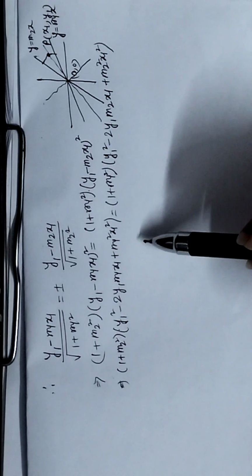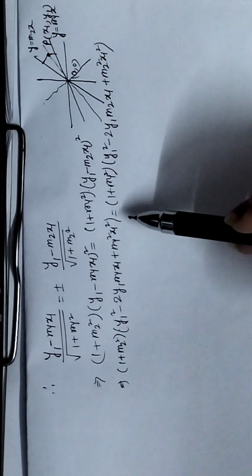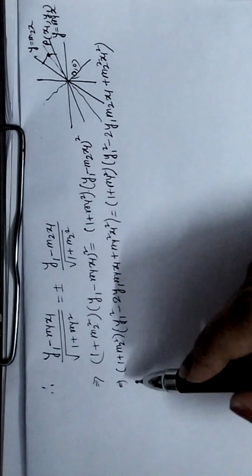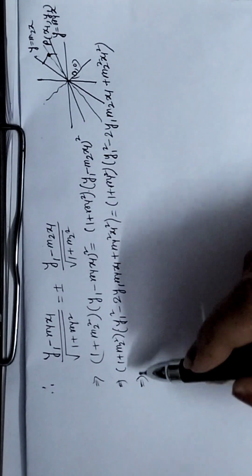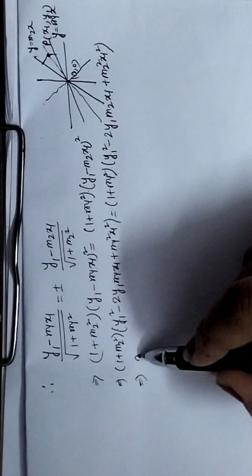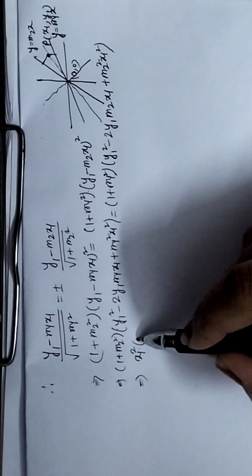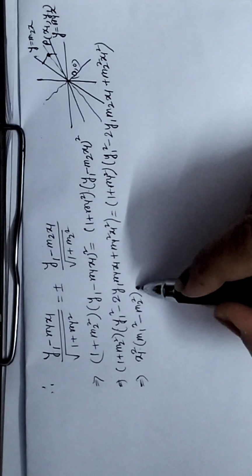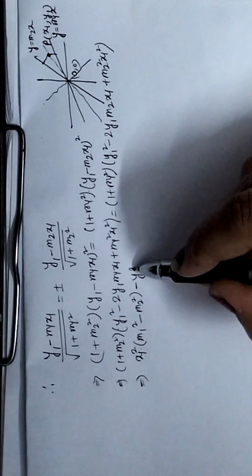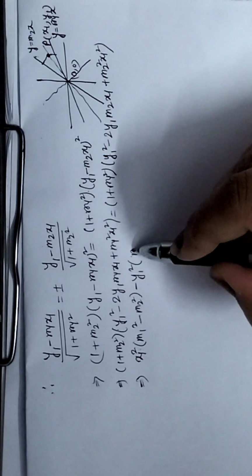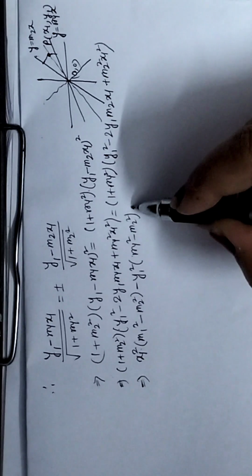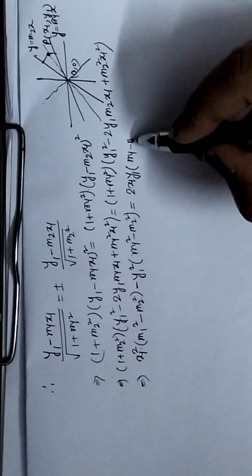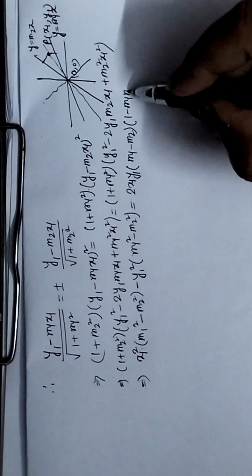And then after multiplication and after grouping all the terms in terms of the coefficients of x1 square, y1 square and x1 y1, we will get ultimately, you can do this calculation yourself, x1 square into m1 square minus m2 square minus y1 square into m1 square minus m2 square equals to 2x1 y1 into m1 minus m2 into 1 minus m1 m2. Okay?